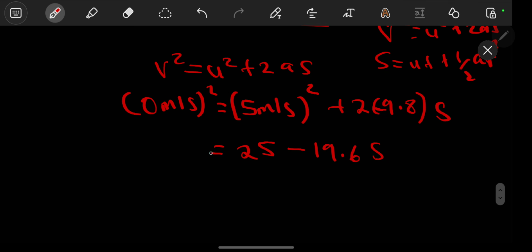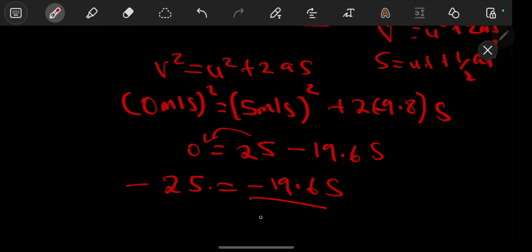So taking the 25 this side, it will be negative 25. So negative 25 should be equal to negative 19.6 s. We divide by negative 19.6.